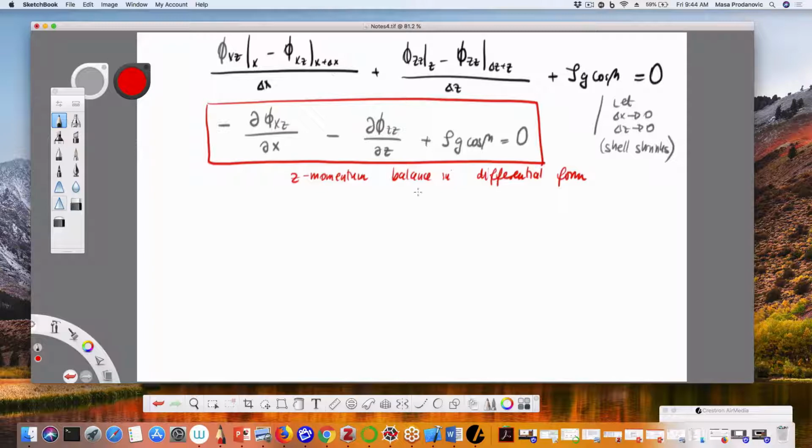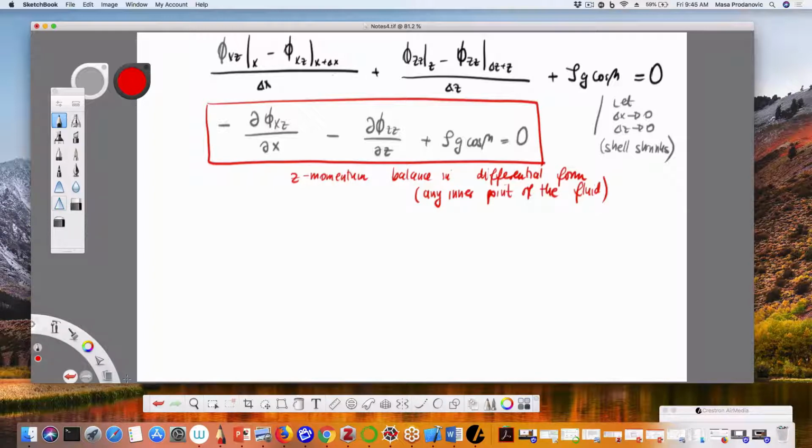We derive this. Is this specific to any particular type of fluid? This is general, okay? So for any fluid I had here, this would be valid. The question is, do I know what phi is?